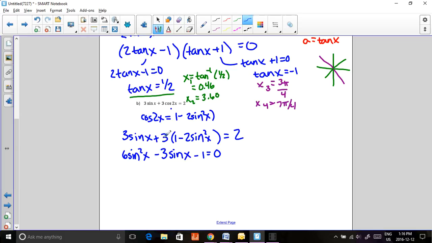Well, when I multiply this through, this 3 times this minus 2, I would have gotten minus 6 sine squared x. And we never really want our a value out here to be negative, so I just multiplied through by negative 1 so that this leading coefficient is positive. Remember, we always want a positive leading coefficient. Okay, so this is just of the form 6a squared minus 3a minus 1 equals 0.